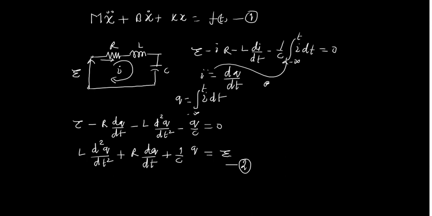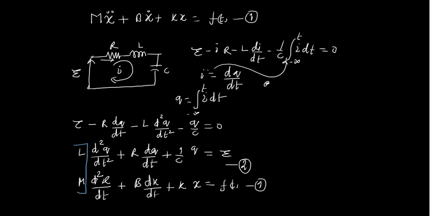So compare these two equations together. So can I write here m? Here also I am writing, just to avoid any confusion, m d2x over dt square plus b dx over dt plus kx is equal to f(t). Now please compare the two equations. You will find that mass in a mechanical system is equivalent to inductance.